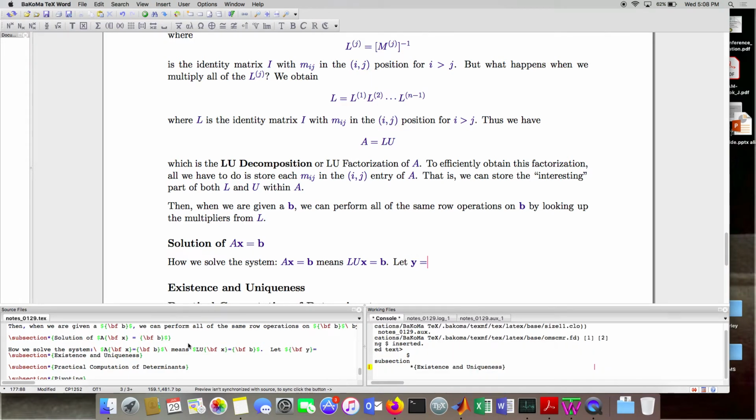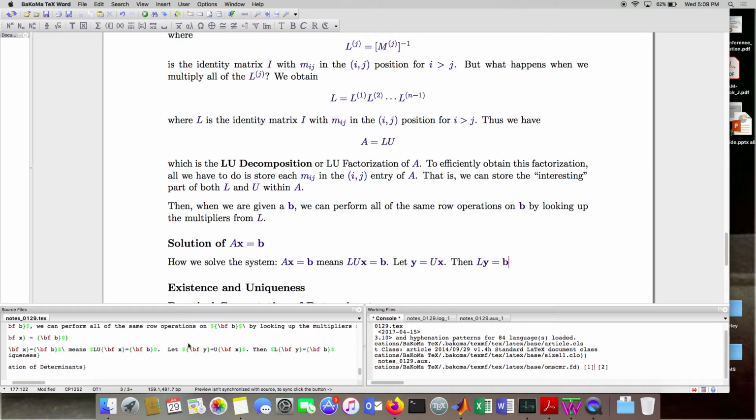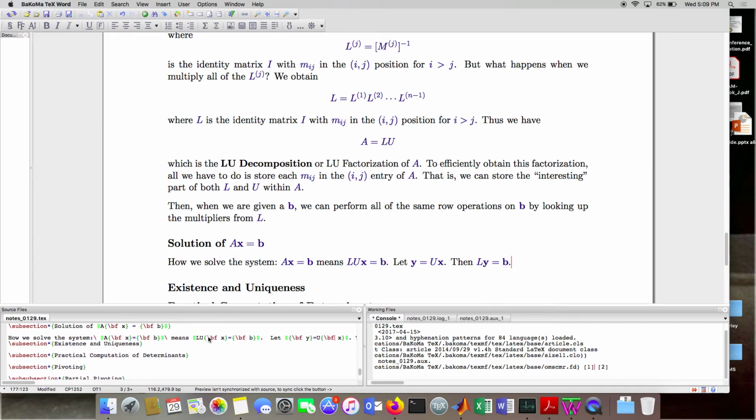Let Y equal U times X. Then we have LY is equal to B, just by substitution.